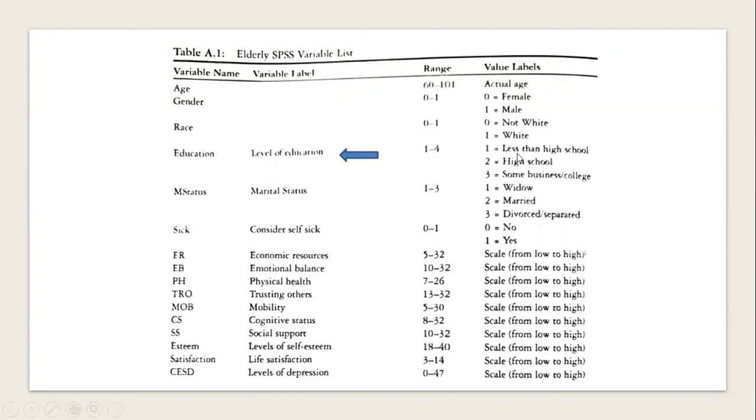Because if we look at the categories here to the right, we see that these categories, although they are mutually exclusive, they also have an order to them, with the lowest level of education being less than high school, and the highest level of education being some business or college. So this particular variable is measured at the ordinal level.